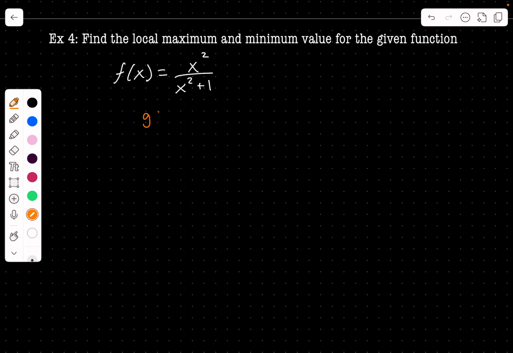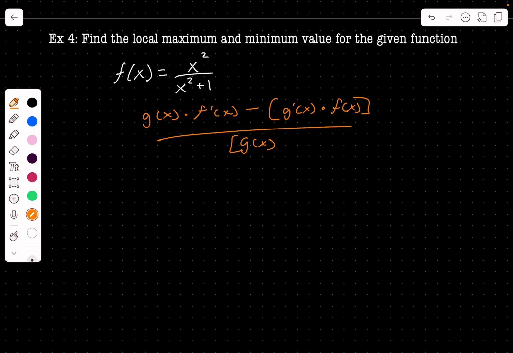We're going to have g of x times f prime of x minus g prime of x times f of x, over g of x squared, where g of x is our denominator and f of x is our numerator.